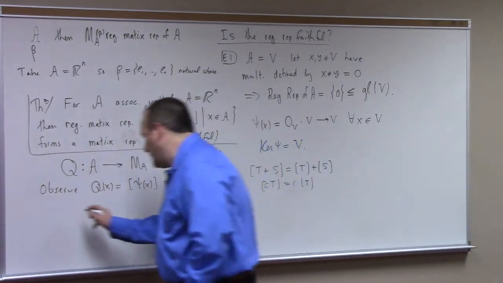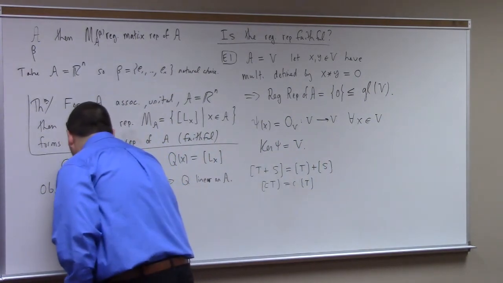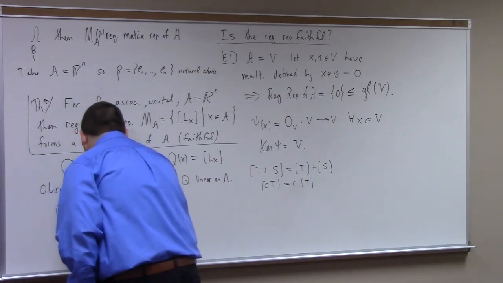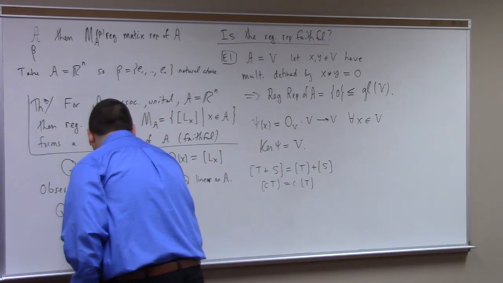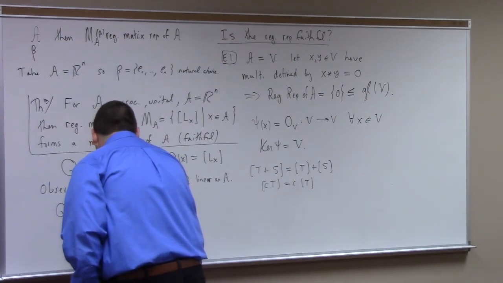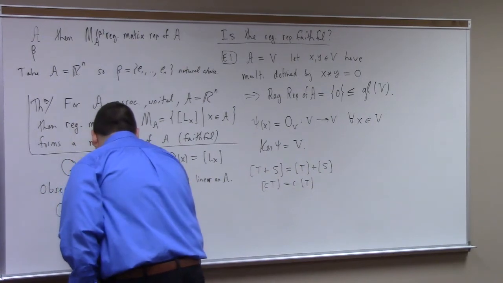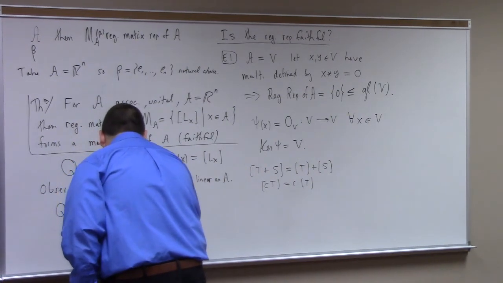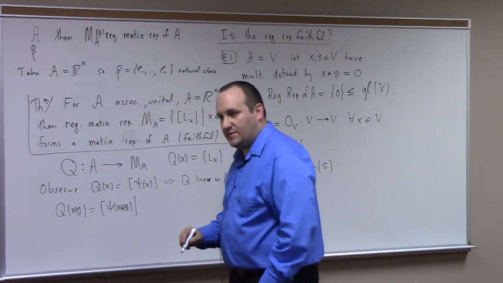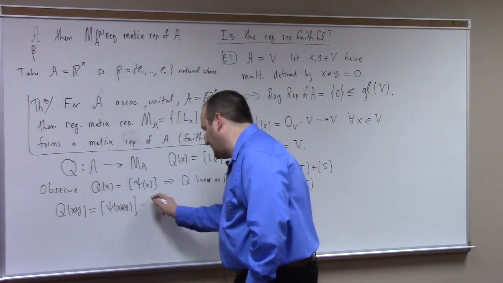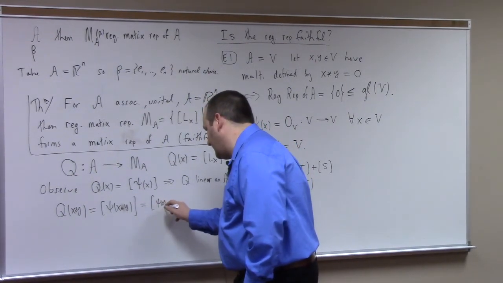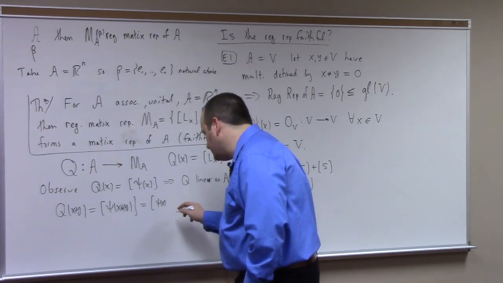So what happens if we have Q of x star y? We get the matrix of psi of x star y, but we just proved that that was what? Psi of x times psi of y, right?